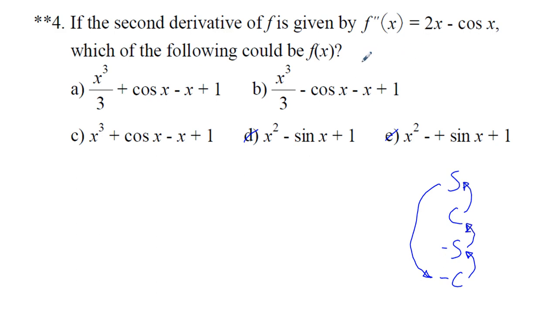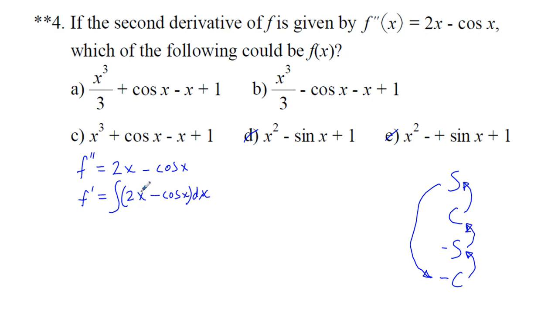Okay, we're just going to work out the rest of them. I'm going to come down here. So f double prime equals 2x minus cosine x. So f prime is going to equal the integral of 2x minus cosine x dx. Okay?